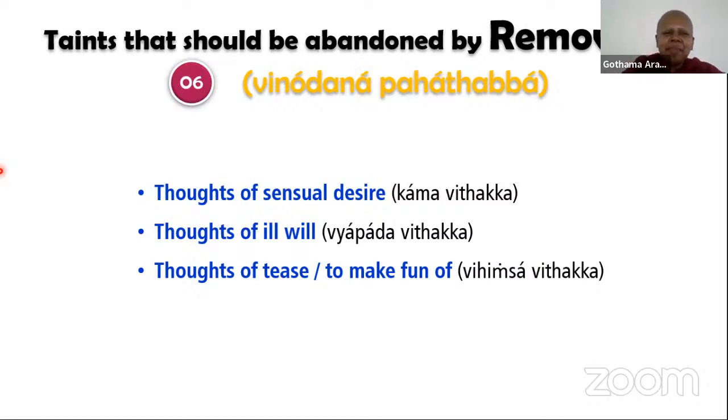So here it talks about thoughts of sensual desire, thoughts of ill will, and thoughts of tease. These things should be removed. Now listen carefully. This is your homework. You need to remove these things, because are they going to help in the process of enlightenment? Do you know why these things are harmful?